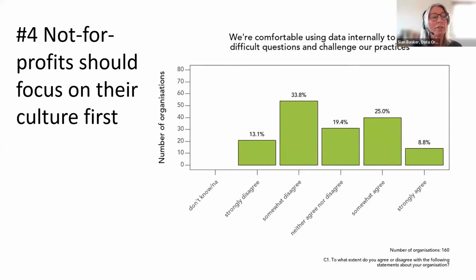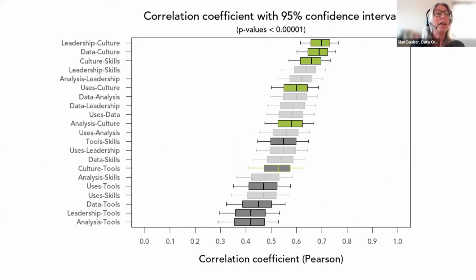You can see there's a real diversity of opinion here. About a third tend to agree with that, but a lot more tend to disagree. And I think that's an interesting indicator of what we've discovered to be one of the key findings of this research.